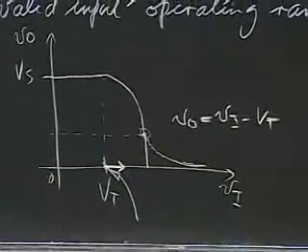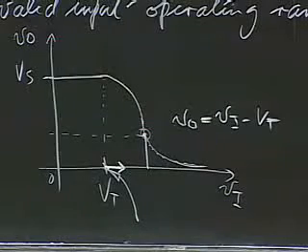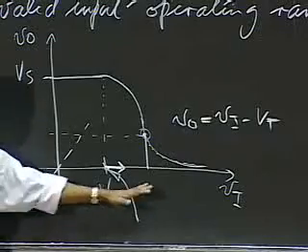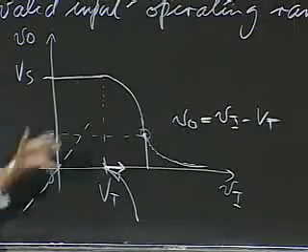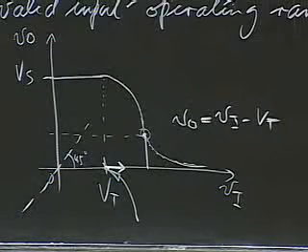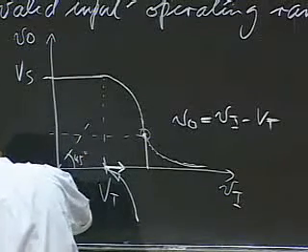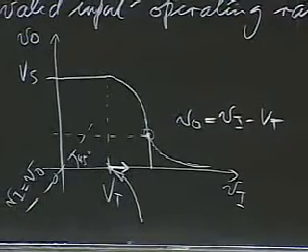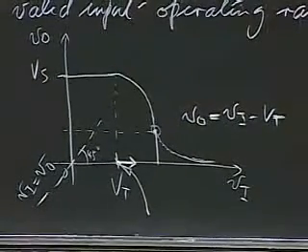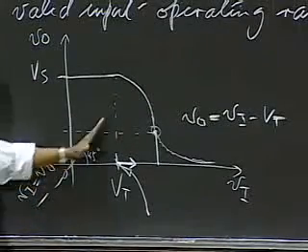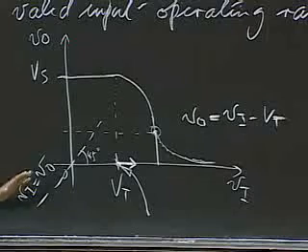To build some intuition, let's draw some lines here. Let's assume that VI and VT use the same scale, say volts. If I draw a straight line at 45 degrees, that's a curve representing VI equals V0. We all know that. No big shakes. So a line at 45 degrees is the line at which VI equals V0.